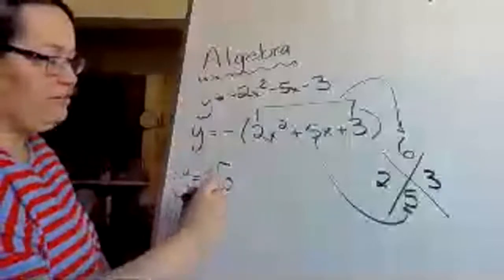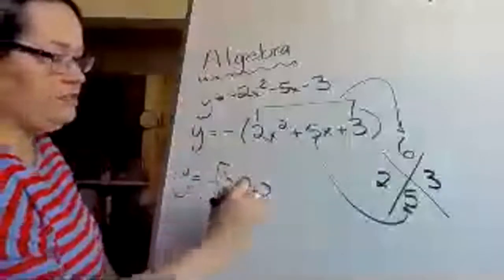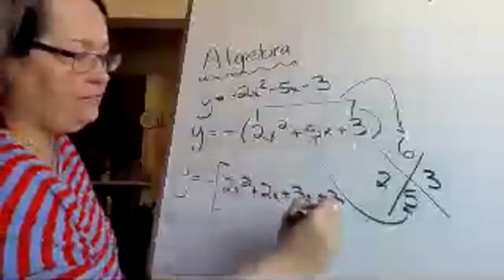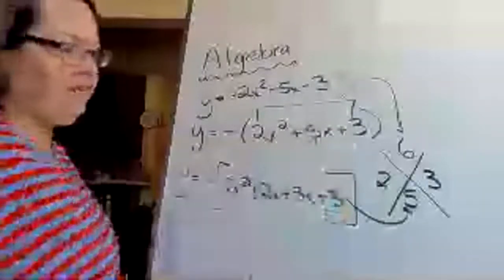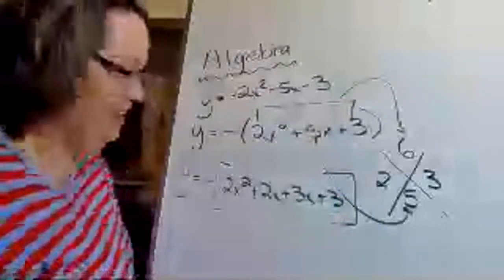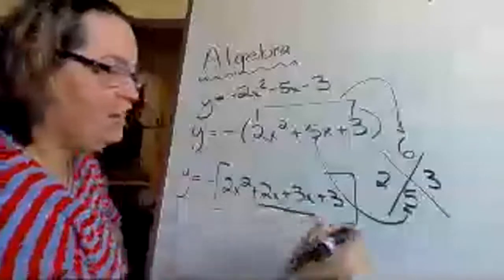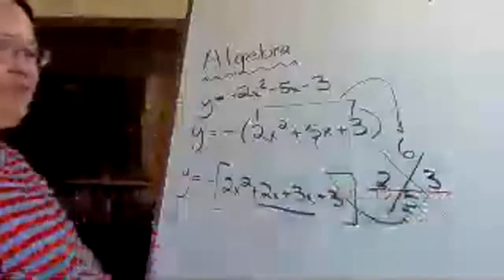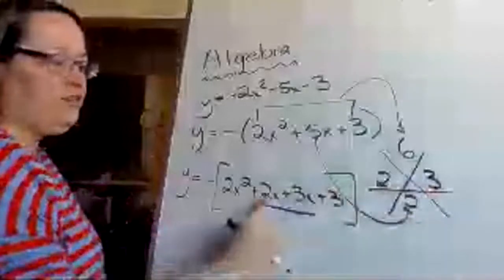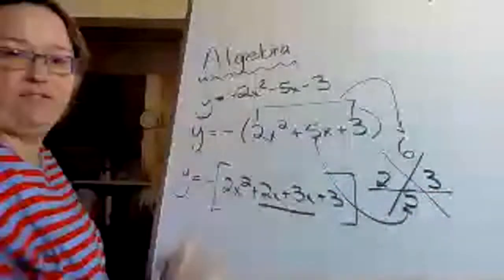So now I have 2x squared plus 2x plus 3x, and then I bring this 3 down here. Now, the reason I went fast over that part is because Miss Shaw did a great job teaching this the other day. These two right here came from right here. 2 plus 3 gets our 5. 2x plus 3x gets our 5x.